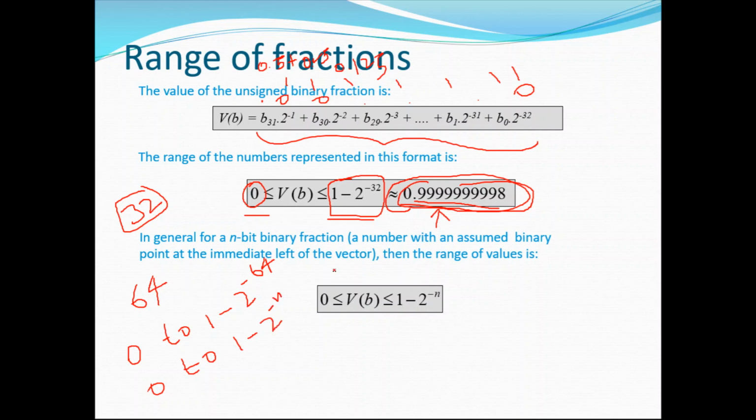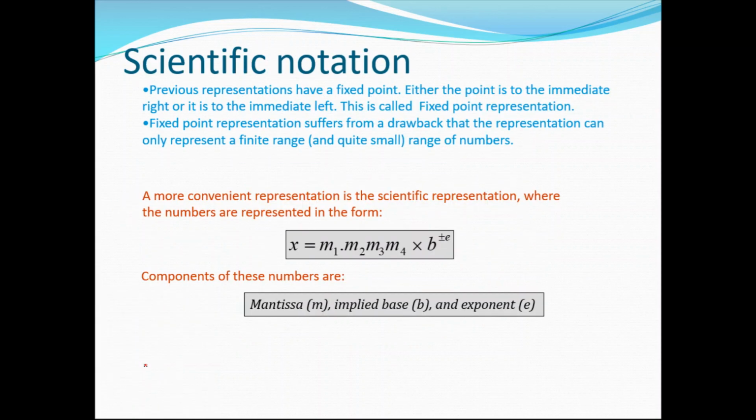This is the generalized one, and the other is a specific example for 32 bits. So if there are n bits with an implicit binary point at the left end, this is the range of numbers that can be represented: between 0 and 1 minus 2 to the power minus n.